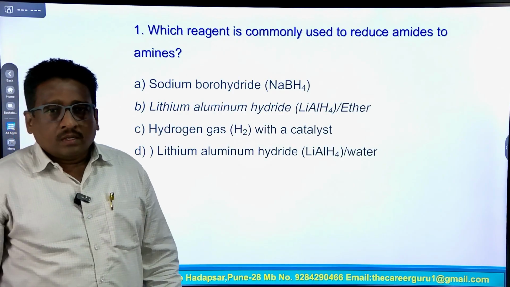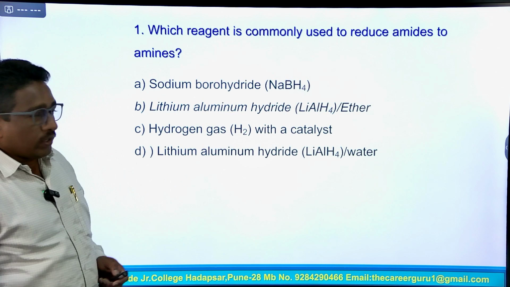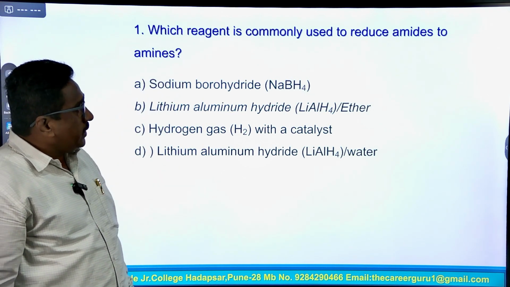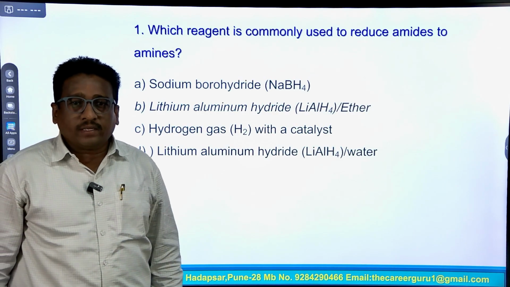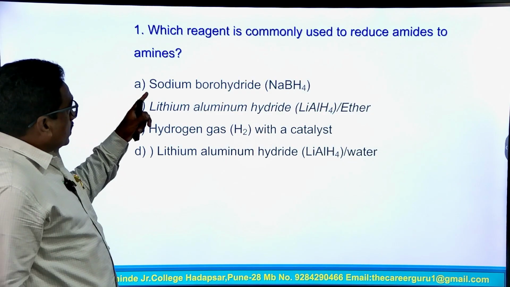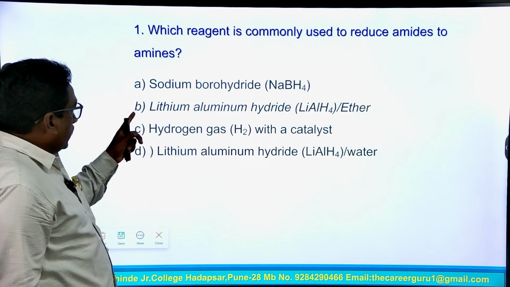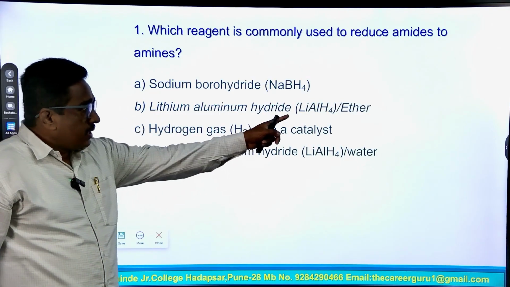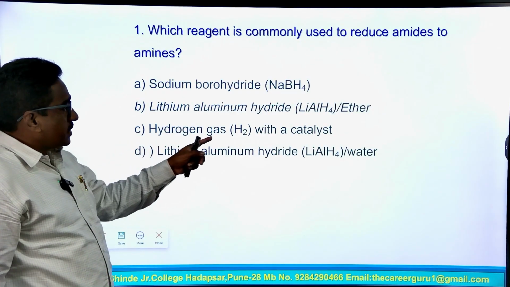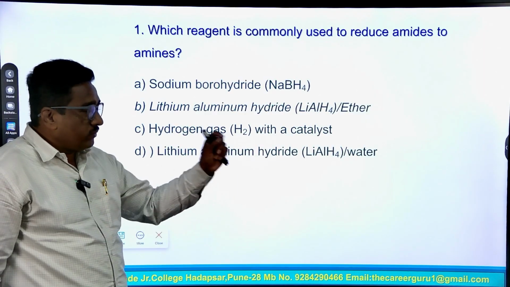So, the MCQ based on the reduction of amide molecule is: which reagent is commonly used to reduce amide to amines? These are the four options. Number A, sodium borohydride, NaBH4. B, lithium aluminum hydride, LiAlH4 in ether. C, hydrogen gas with catalyst, and option D, lithium aluminum hydride in water.